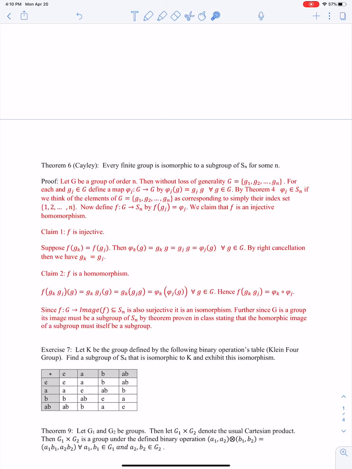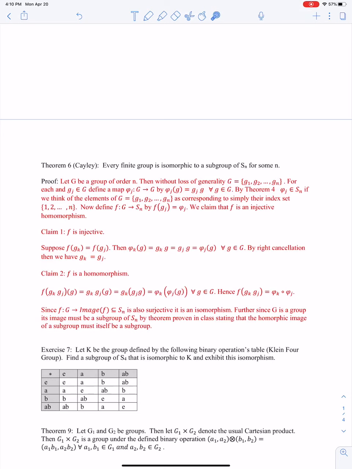Claim 2. Now I claim that this map F is a homomorphism. To be a homomorphism, it's got to preserve the binary operations. The binary operation here is multiplication in G. The binary operation here is function composition of these phi_j's.